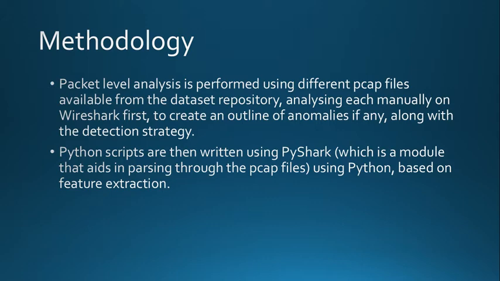Along with that, I've also developed Python scripts using a module called PyShark, which is Wireshark like, but it helps in parsing PCAP files in the Python programming language. I've used PyShark for feature extraction, and using the features extracted from different PCAP files, I've later constructed the anomaly strategy that is used for detecting anomalous packets in different PCAP files based on the features that are extracted.